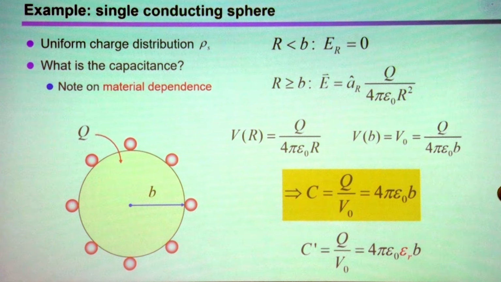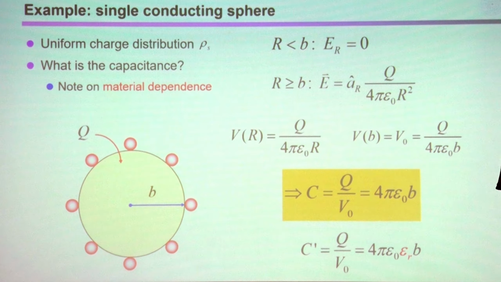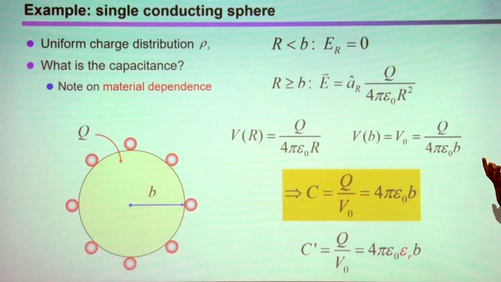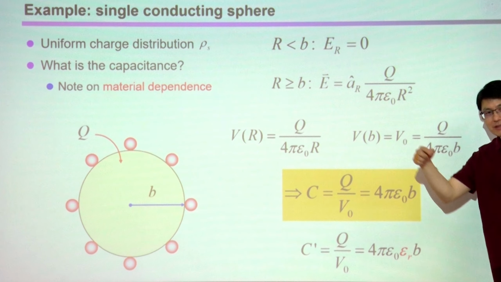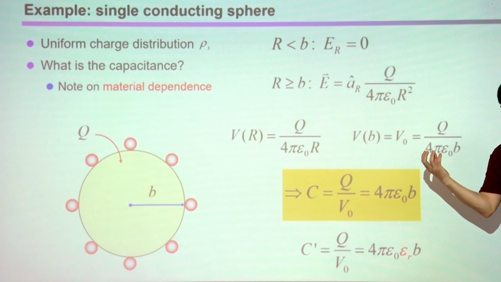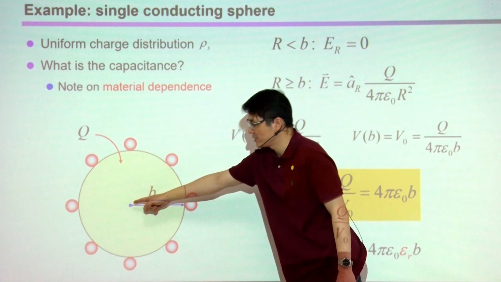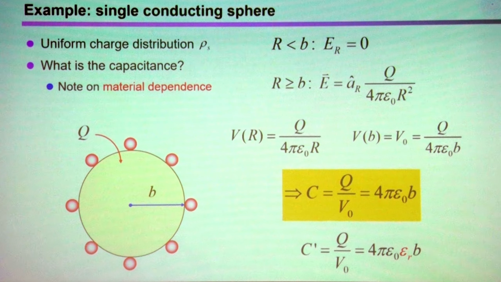You have a sphere with a radius of b, so the surface area is 4 pi b squared. So this 4 pi is coming from the fact that your current geometry is a sphere, and this b is taking account of its radius. If you don't believe me, let's continue.